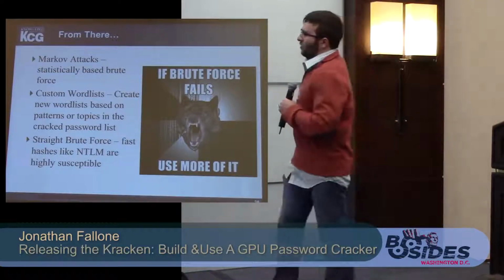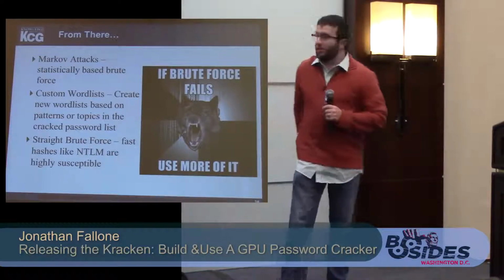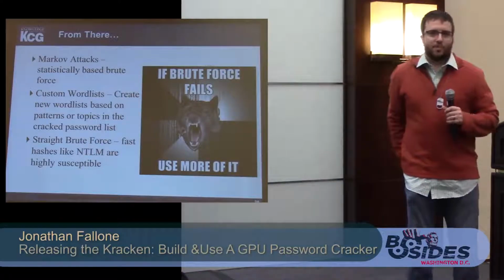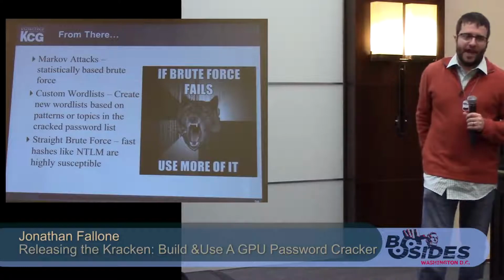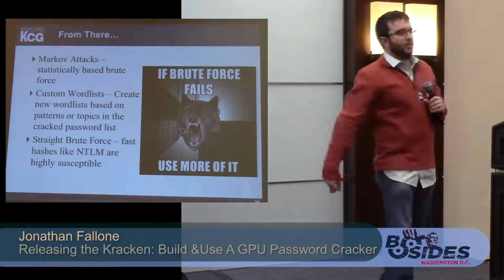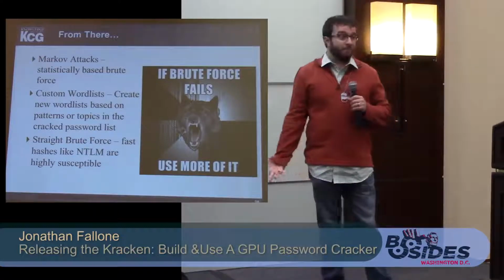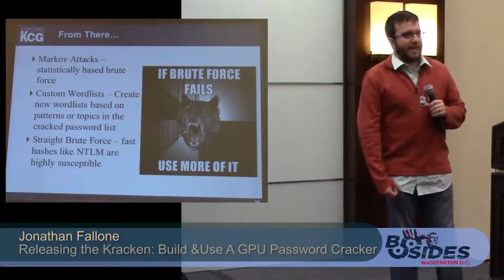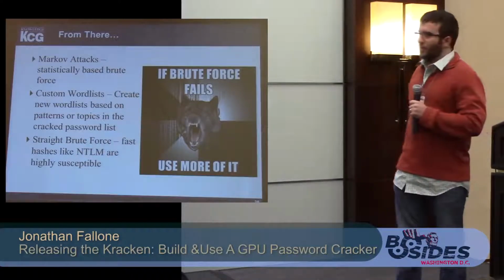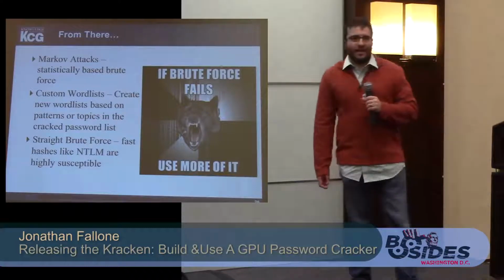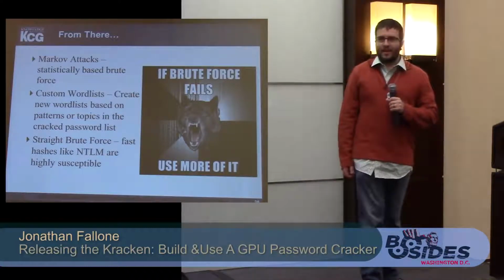You can create custom word lists, like I told you with the cars, or you can just do straight up brute force. Sometimes this is best for hashes that are really fast, really easy to crack. NTLM is a great example of this. If you grab a domain, the easiest thing might be just to crack every single 8-character password possible. The Kraken currently can do every single 8-character NTLM password in 8 days.